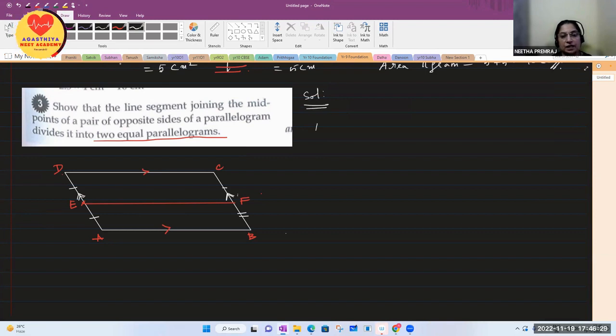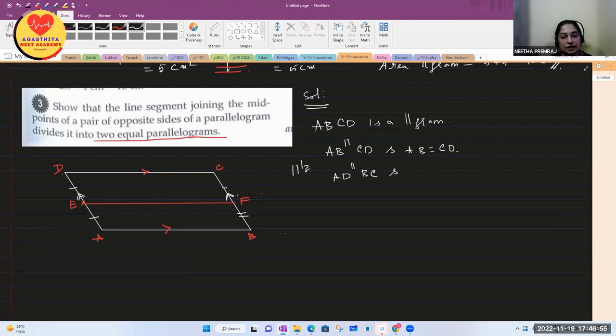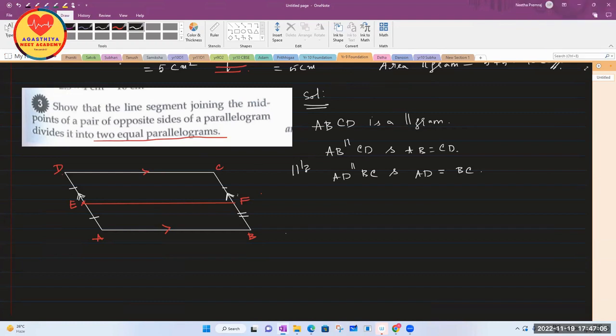Okay. ABCD is a parallelogram. So in that, what you know, AB is parallel to CD and AB is equal to CD, isn't it? By property. Similarly, AD is parallel to BC and AD is equal to BC, isn't it?